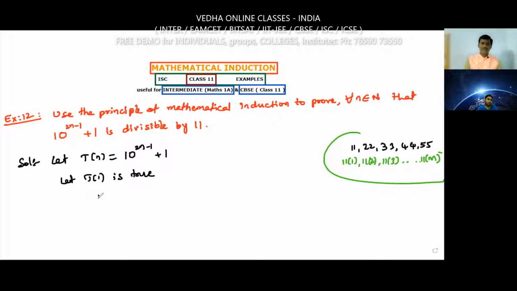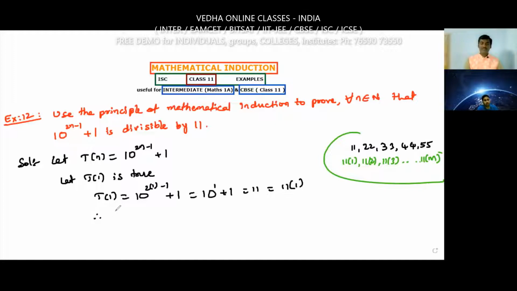T(1) = 10^(2·1-1) + 1 = 10^(2-1) + 1 = 10 + 1 = 11. Is it divisible by 11? Yes, 11 we can write as 11 into 1. 11 is a multiple of 11, so it is divisible.